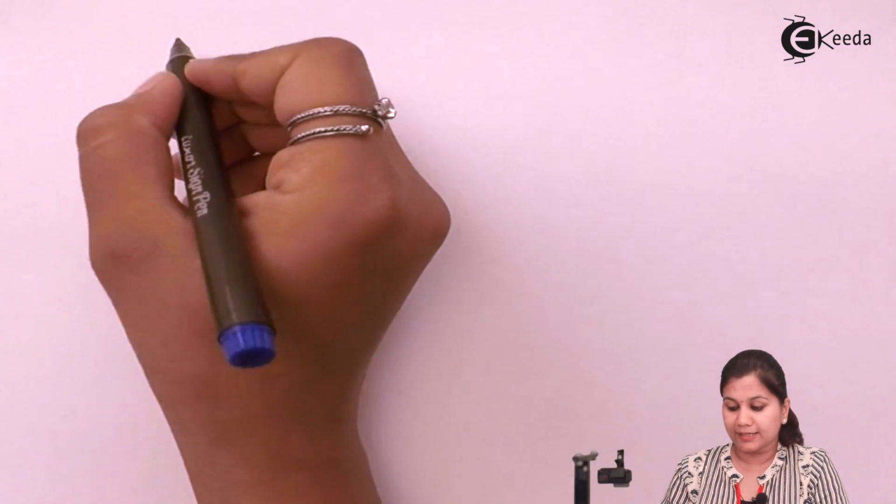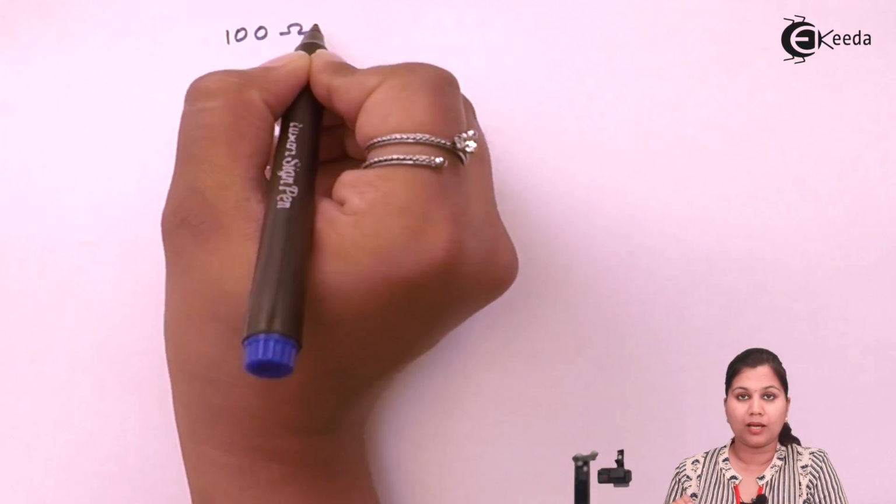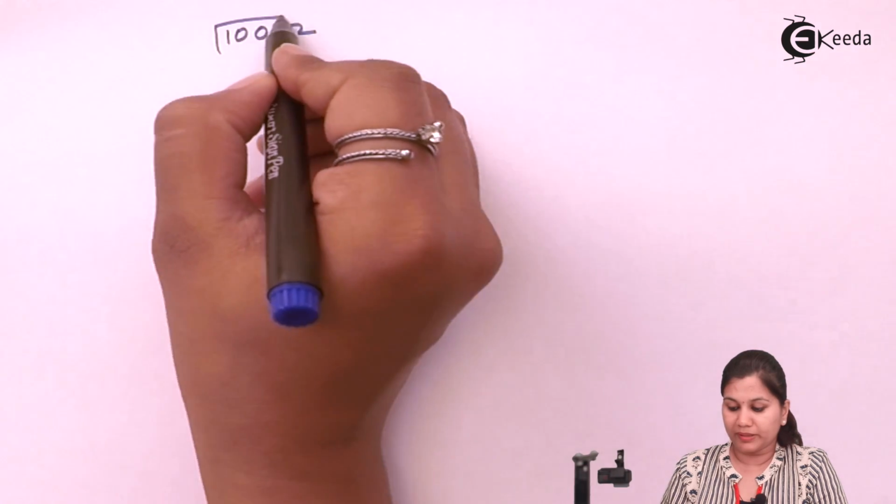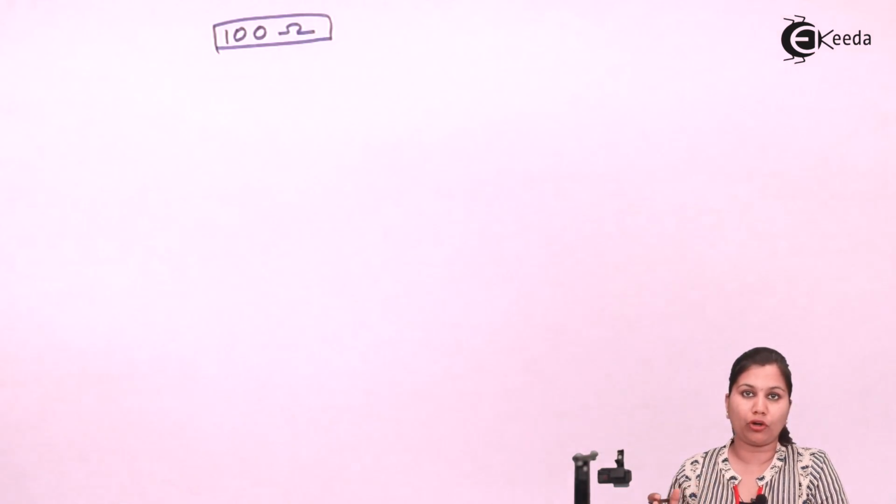Now, if the number of readings which we have taken is very large, then this arithmetic mean is very close to the true value. Suppose that the true value of a resistance which we are measuring is 100 ohms, but this resistance is being measured by different observers.